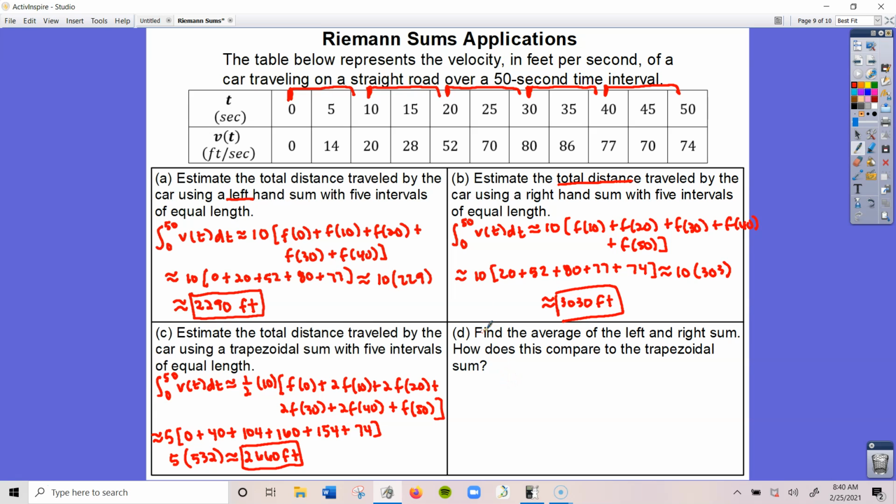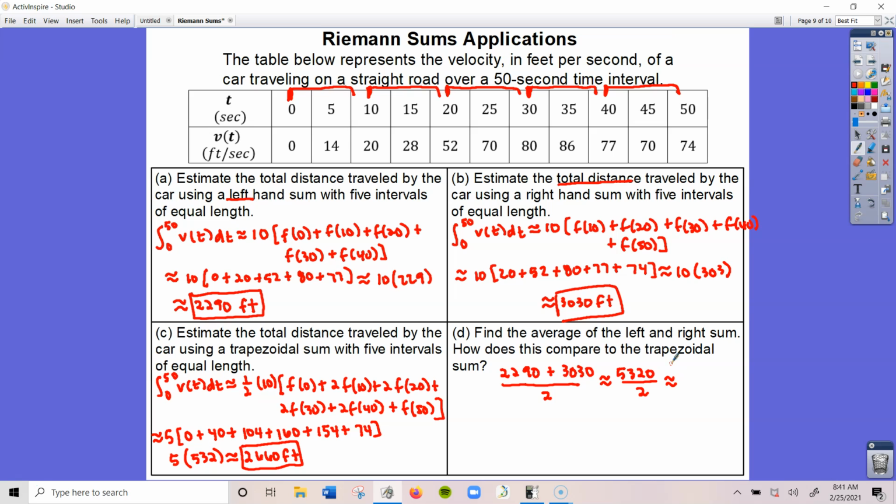Okay, so it says here to find the average of the left and right sum, and how does this compare to the trapezoidal sum? So to find an average, you would add it up and then divide by how many numbers you're adding. We are just finding the average between the left and the right sum. So I would add those two together. 2,290 plus 3,030, and I would divide that by 2. 2,290 plus 3,030 gives you 5,320.